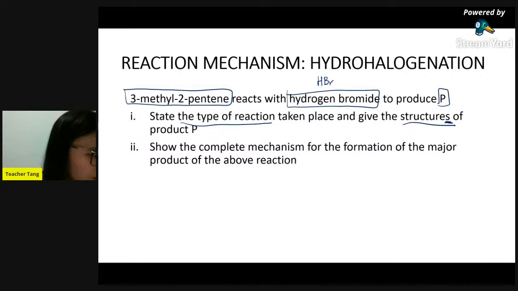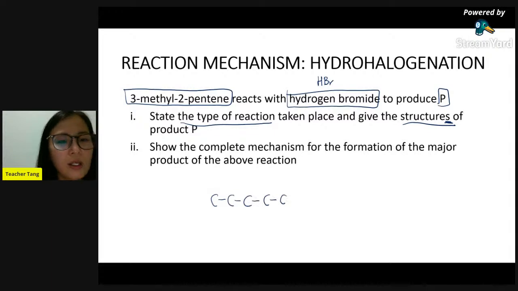So pentene, 5 carbon. So 5 carbon, 1, 2, 3, 4, 5. Okay, so 2-pentene. 2-pentene bermaksud carbon-carbon double bond antara carbon number 2 and number 3. 3-methyl.